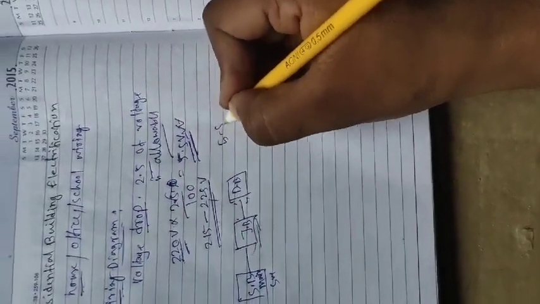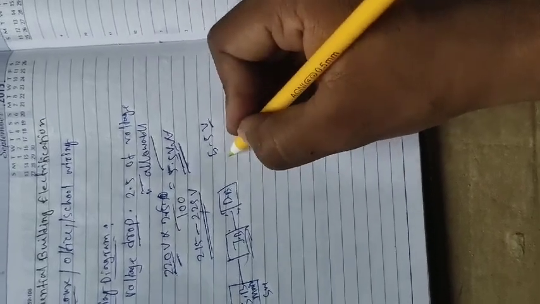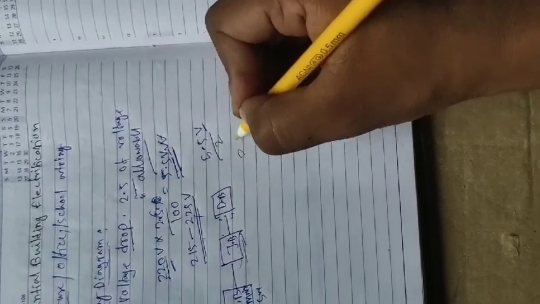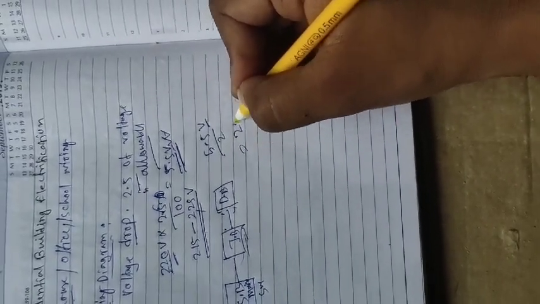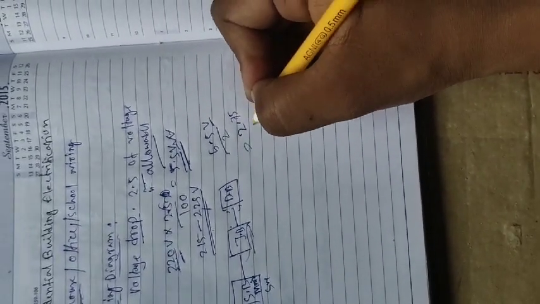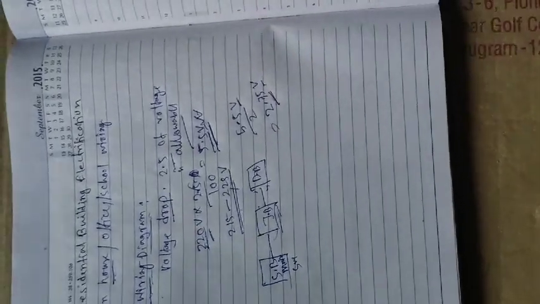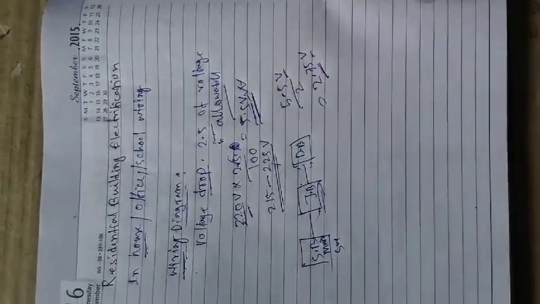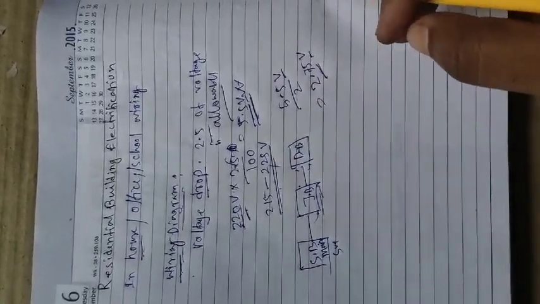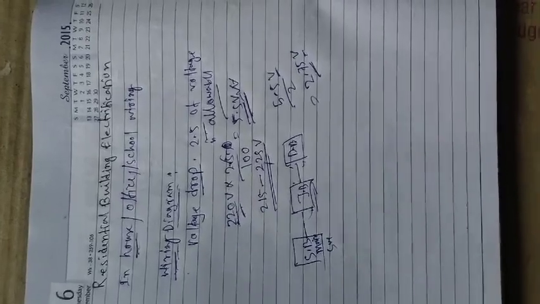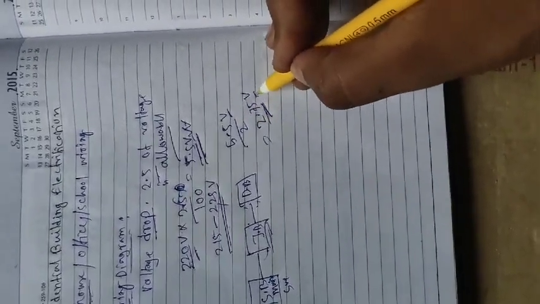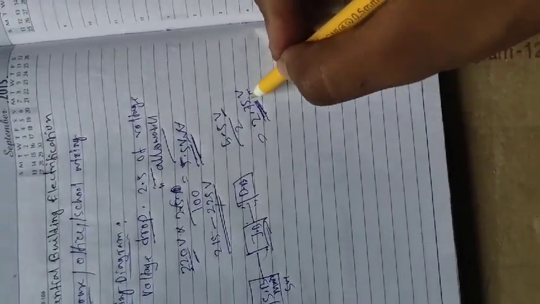This is the 5.5 volt, and under the building the allowable voltage drop is half of this, which means 2.75 volt, from one board to another board or across the total wiring in the building. Greater than 2.75 voltage drop we cannot consider.